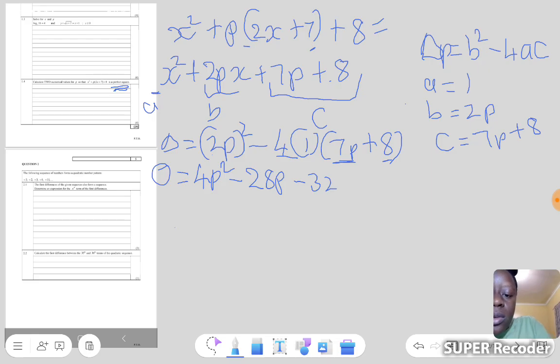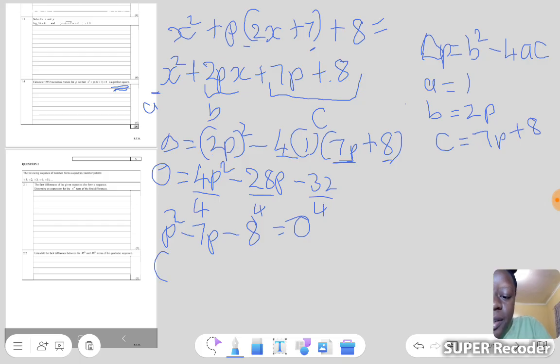So let's divide by 4 throughout to make our life easy. Then p squared minus 7p minus 8 is equal to 0.